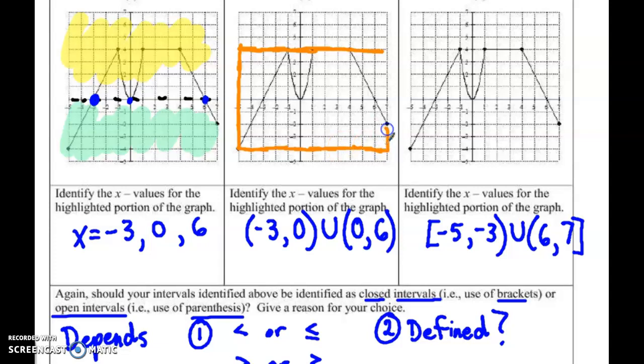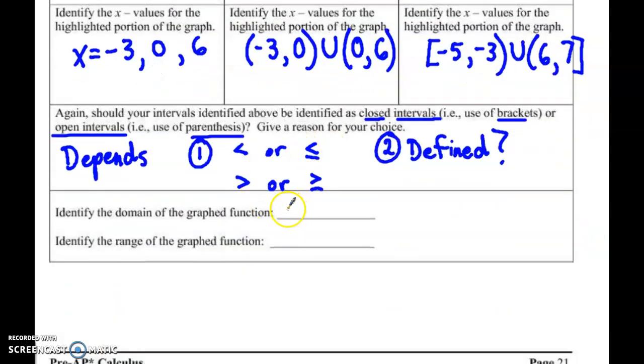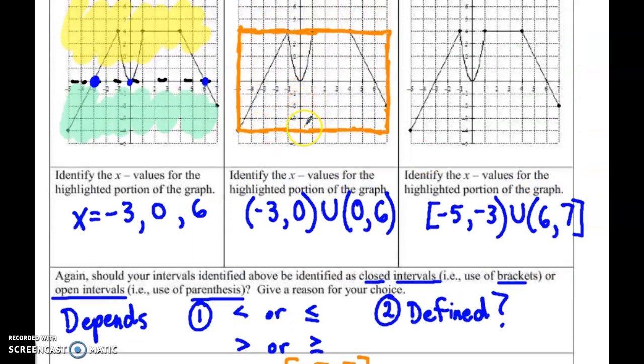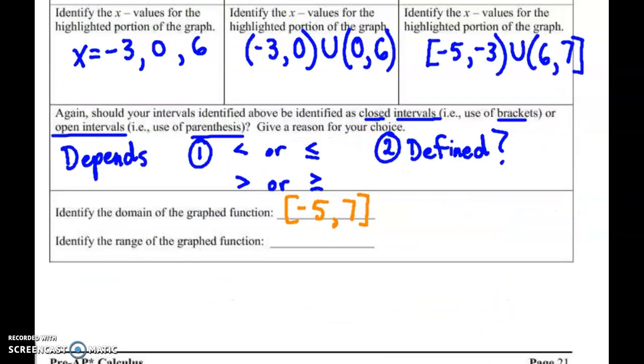I prefer reading left to right and the bottom to the top. If you do the box, we're defined all the way to -5, all the way to 7. That's your domain. Your x values are left to right. And your range is from the bottom to the top. So it's defined all the way down to -4, all the way up to 4.